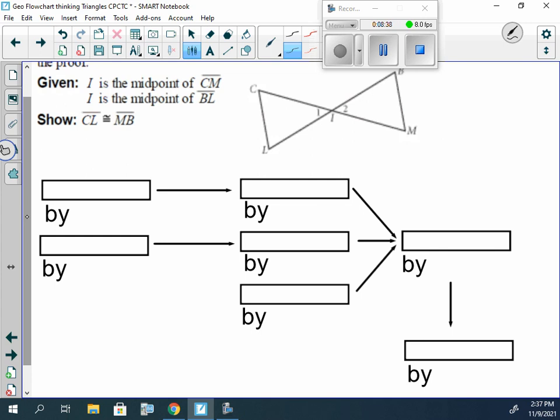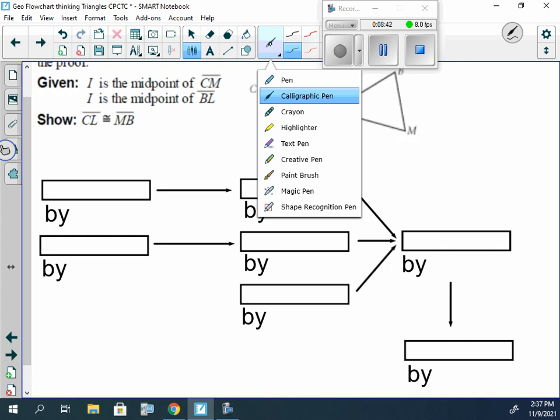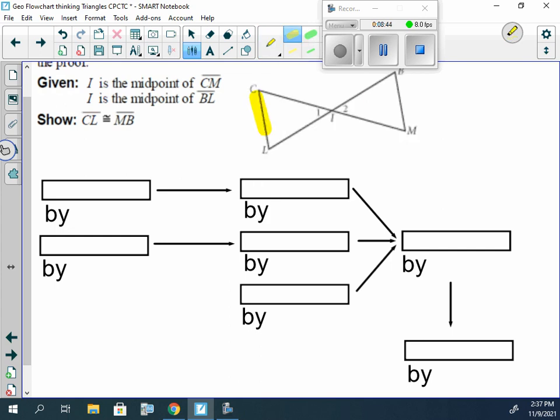So let's look at this one here. We want to show that CL and BM or MB are congruent. That's what we want to say. Now, because we don't have those two lengths, if we can show at least the triangles are congruent, those corresponding parts would be congruent as well.